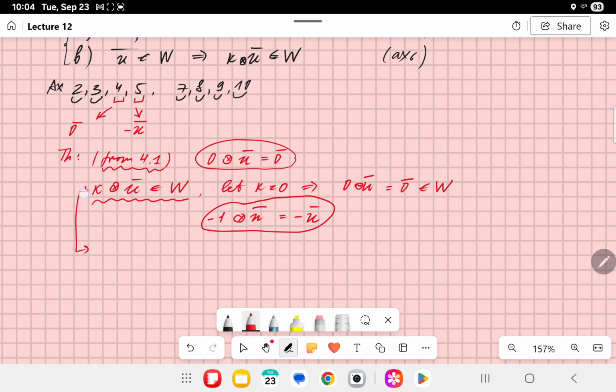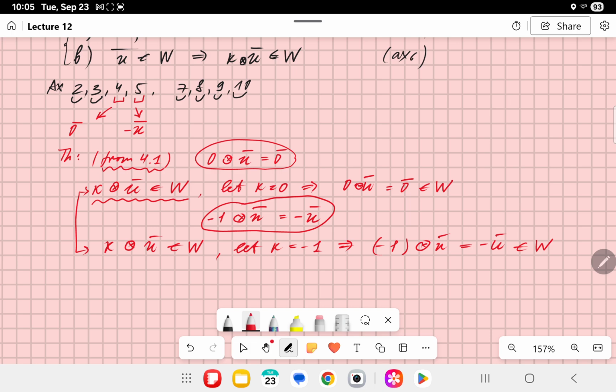I'm going to say, okay, K scalar multiplication by U belongs to W. Let K be equal to -1. Then -1 scalar multiplication by U, which is actually minus U, which we proved, right, is going to also belong to W. And we do have that inverse which belongs to W. So we proved this 4 and 5.